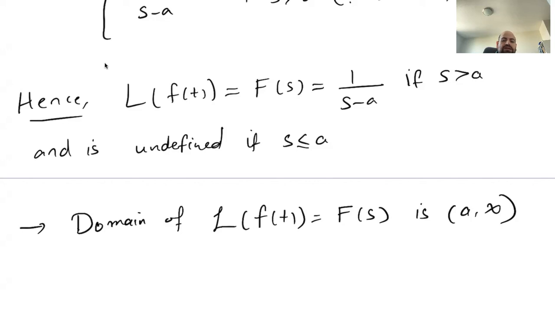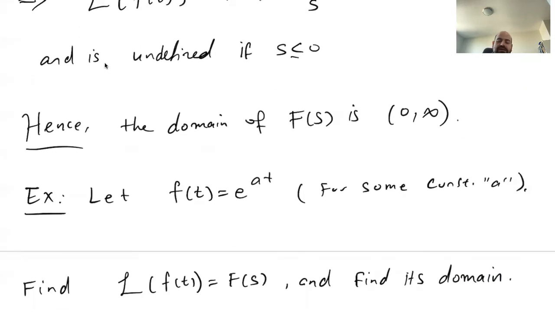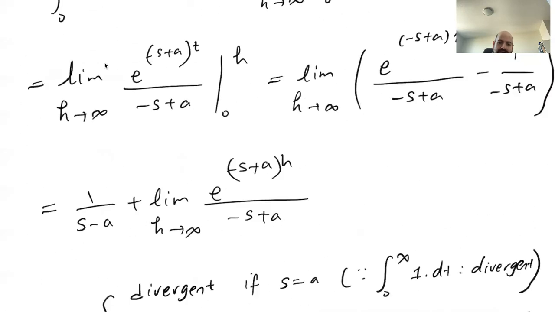This is consistent with what we derived before for 1. 1 was e to the power 0, if a is 0, which is 1. See, we are considering e to the power at here. So if a is 0, I'll have e to the power 0, which is 1. And we already saw that the Laplace transform is 1 over s in the previous example.